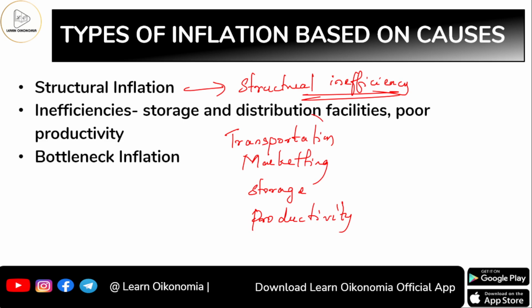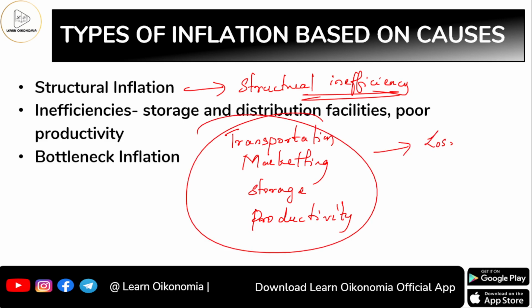So in these cases also, you could find that there can be instance of loss of output or loss of quantity of output. Also, you could have a scenario of less aggregate supply here, making the prices go up. Okay, so this is also known as bottleneck inflation because this is happening due to some inefficiency in the economy.